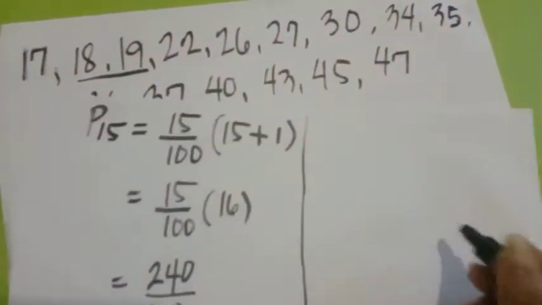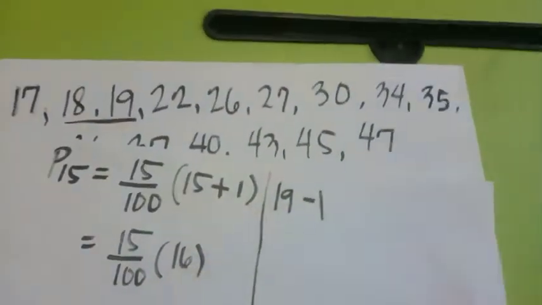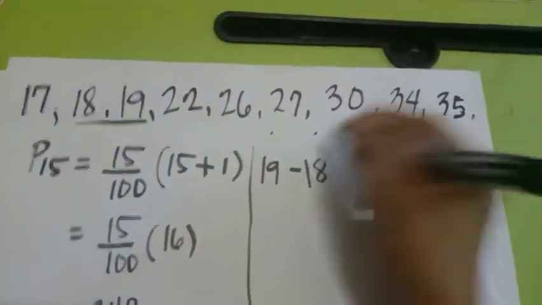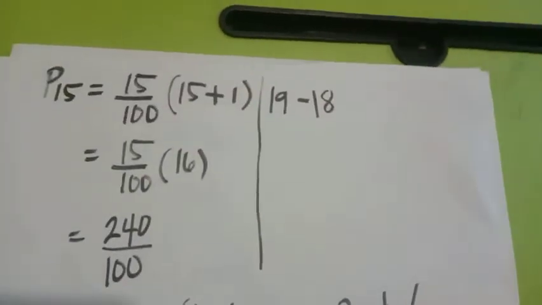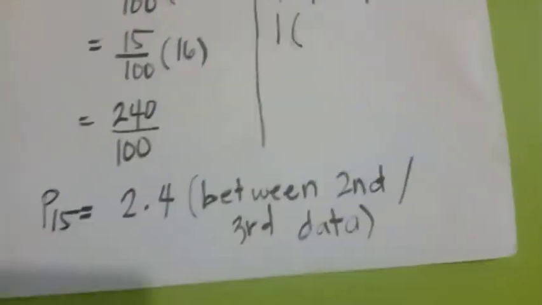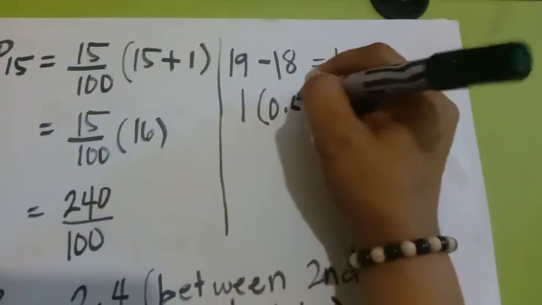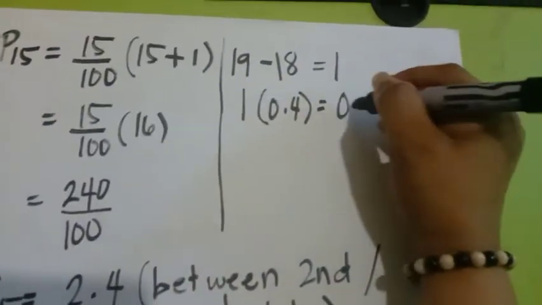We use linear interpolation. 19 minus 18 is equal to 1. Then yung 1, saan i-multiply? Doon sa decimal ng position. So 1 times 0.4 is equal to 0.4.